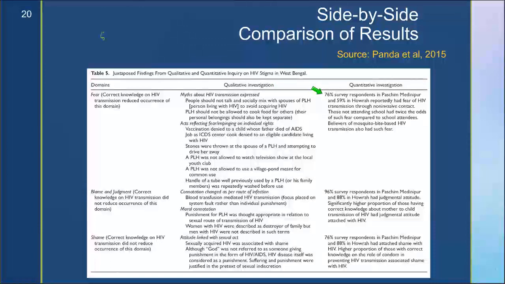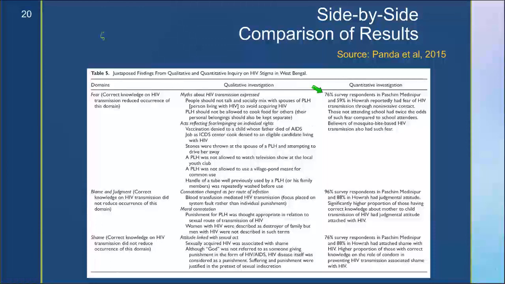So keep in mind that we're just looking at this top row, this domain of fear. They presented what they learned qualitatively right side by side with what they learned quantitatively. So 76% of results in one region versus 59% in another reportedly had fear of transmission through non-invasive contact.